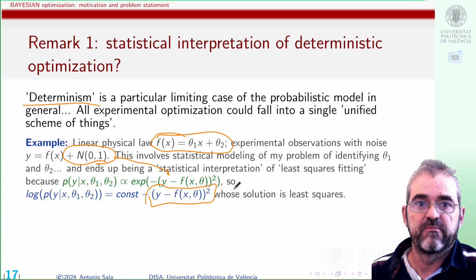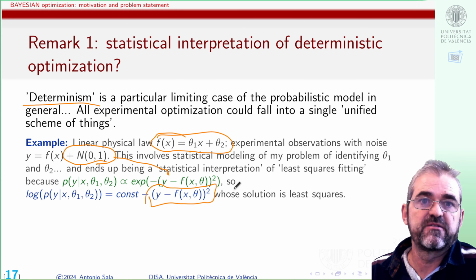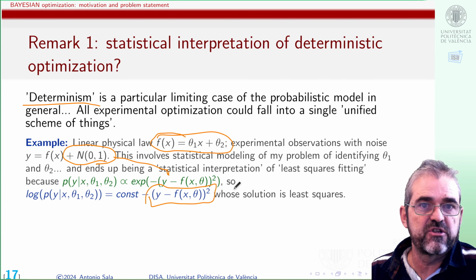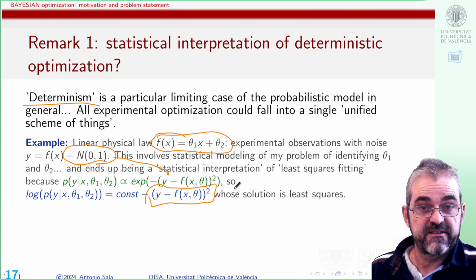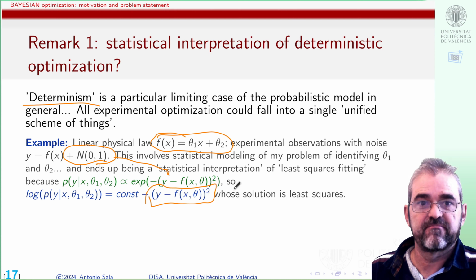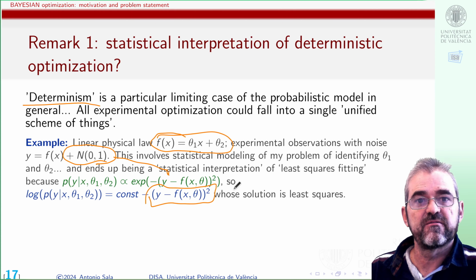Okay, I am not delving into the details. I mean, this deserves further thinking, but I'm just outlining the basic idea. So, if you are a statistician, everything is statistics, even deterministic optimization.